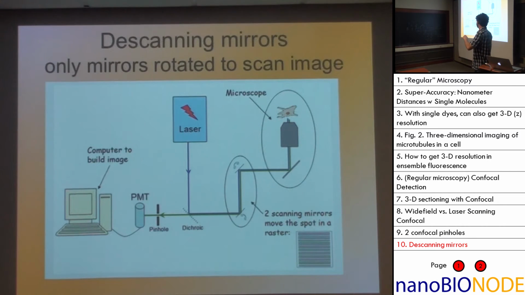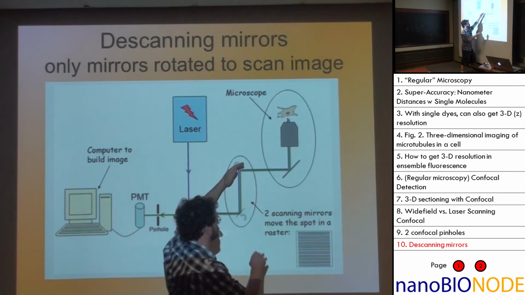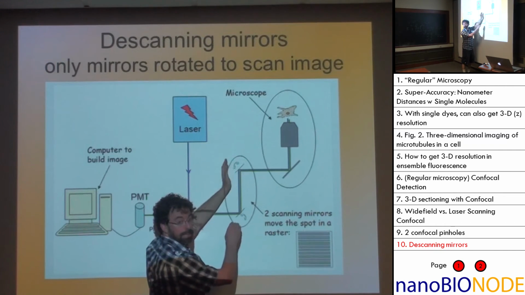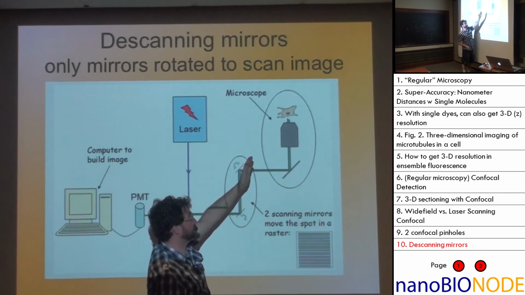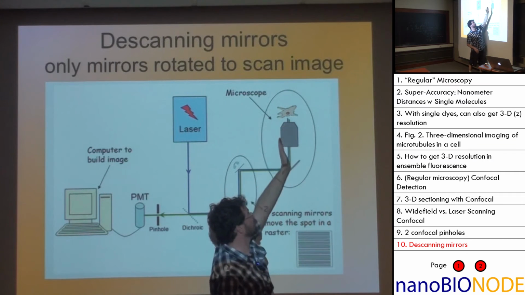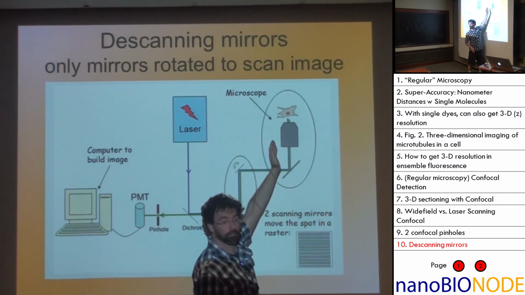Let's think about, in this case, when the sample is stationary, to move to a new spot, you simply rotate these mirrors such that it goes in or it goes slightly off and so forth.